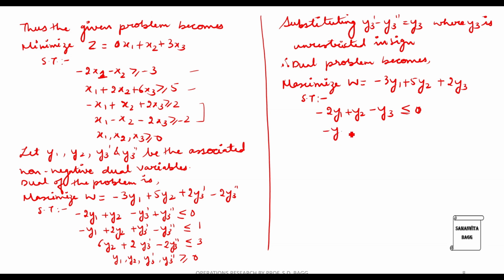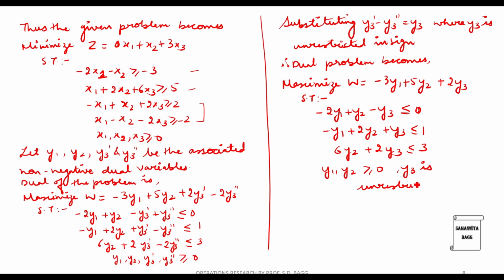For the second one, it is -y1 + 2y2 + y3, because it is already y3' - y3'', ≤ 1. Last is 6y2 + 2y3 from here, ≤ 3. And then I'll write down y1 and y2 are greater than or equal to 0, and y3 is unrestricted in sign.